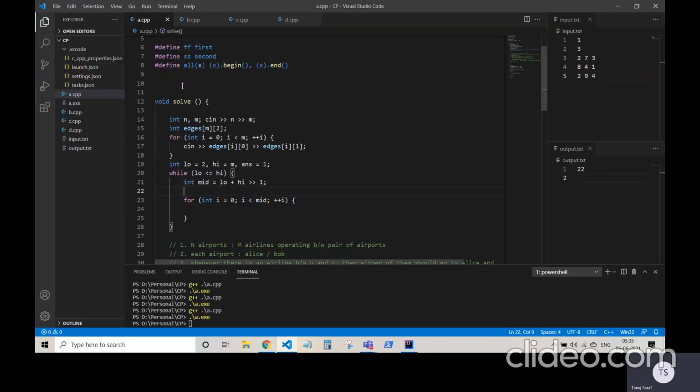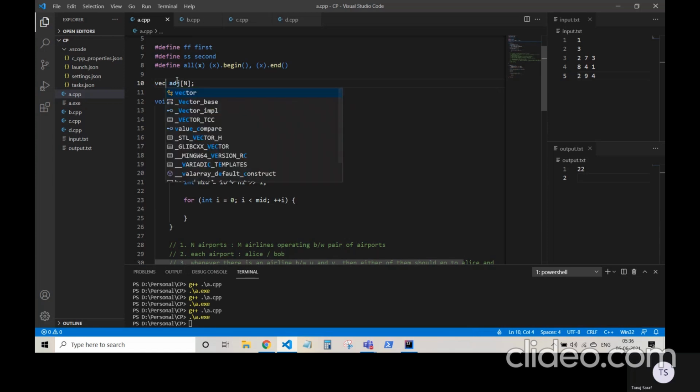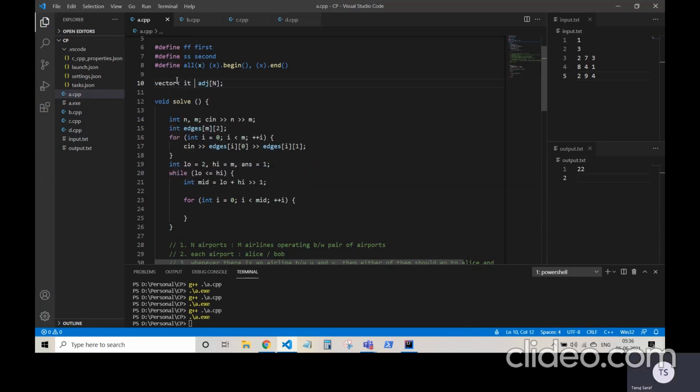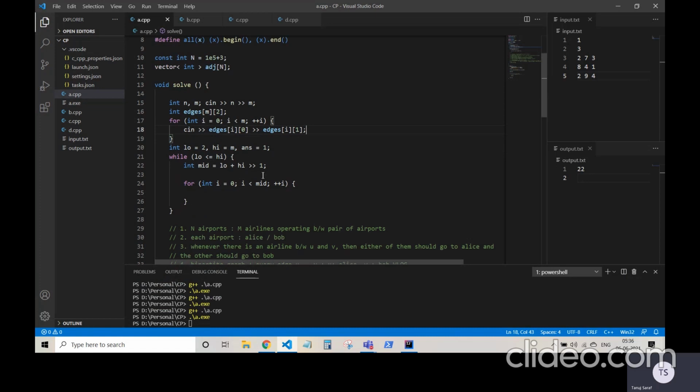Since we have 10 to the power 5 nodes, let's declare a global adjacency list, and so we would have to clear the list before we start.